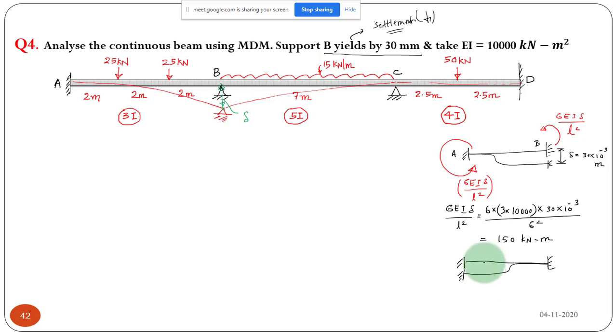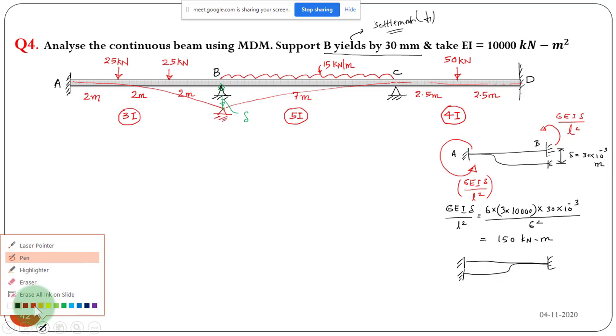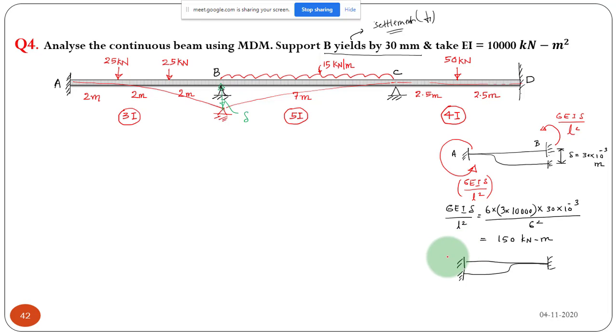Here the slope must be 0, so this moment will be clockwise, and here it has to move down, so this moment will also be clockwise. The magnitude is the same formula, 6 EI delta by L square, but this magnitude will not be the same as 150, because for this span the EI value is different, 5 into 10,000, and the span is also different.